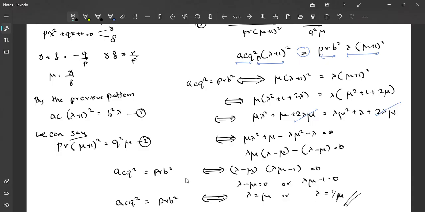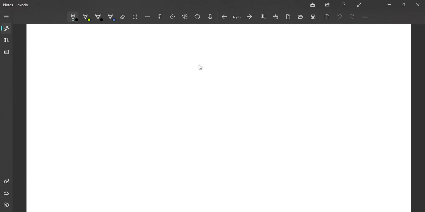In other words, ACQ² equals PRB² if and only if λ equals μ or λ equals 1 over μ. You can write it the other way also; it works both ways. And then they are giving you a new question.